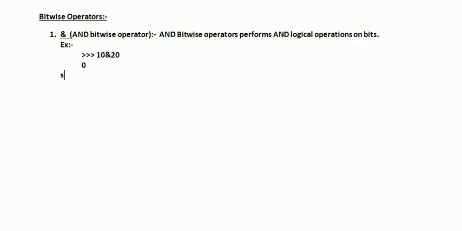In step 1, convert the decimal number 10 into its binary number.